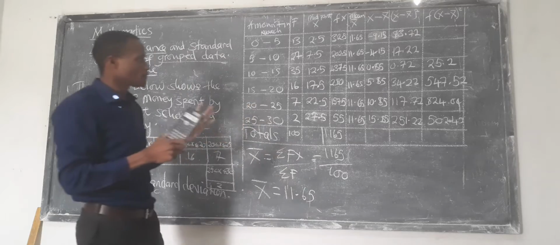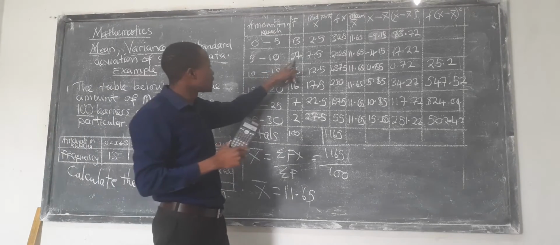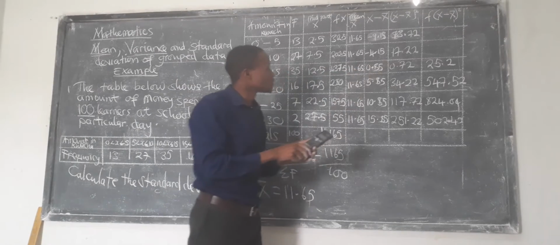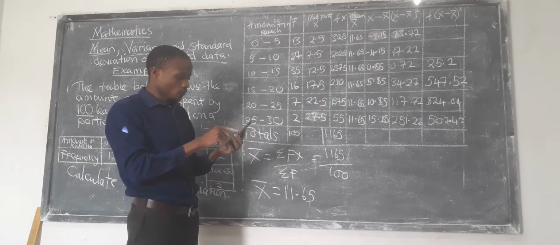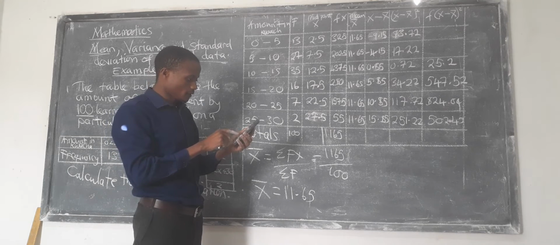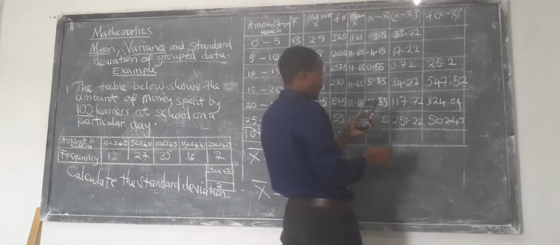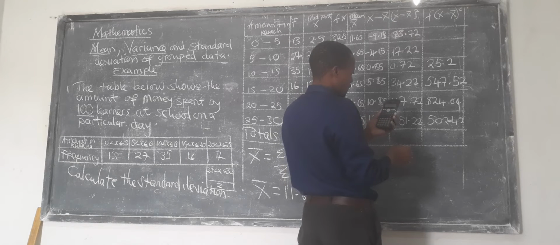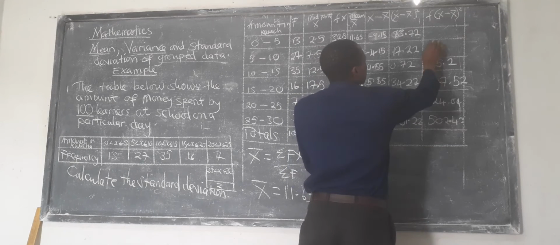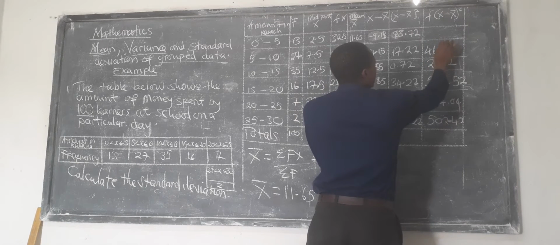You need to be careful when placing these numbers. You have to be very careful, extra careful. Then 27 times 17.22, giving us 464.94.